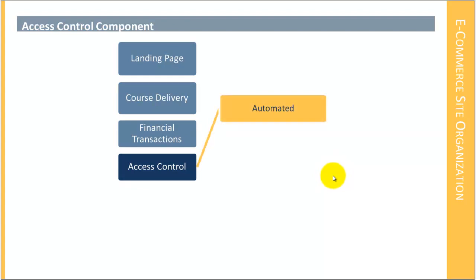So the next part of this is access control, and very tightly related to the financial transaction automation is access control automation. We don't want a system where each time somebody purchases access, we have to intervene and make that access work for them.